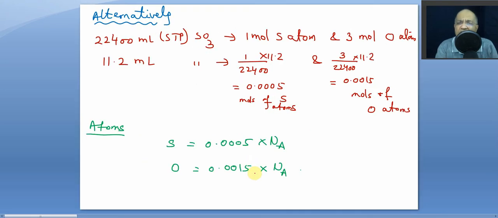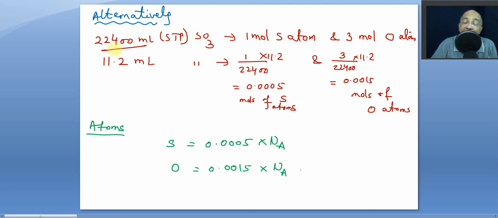So in whichever manner you do, or in one line as we did, 22,400 ml of SO3 is equal to 1 mole, directly bypassing the number of moles of molecules. Bypassing the number of moles of molecules, 0.0005 is not required because the question has not asked you to find the number of moles of molecules. So 1 mole contains 1 mole of sulfur atom.